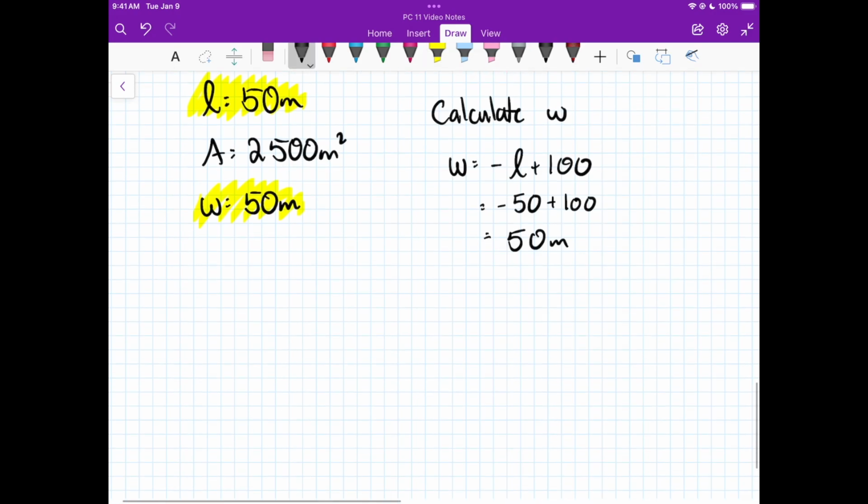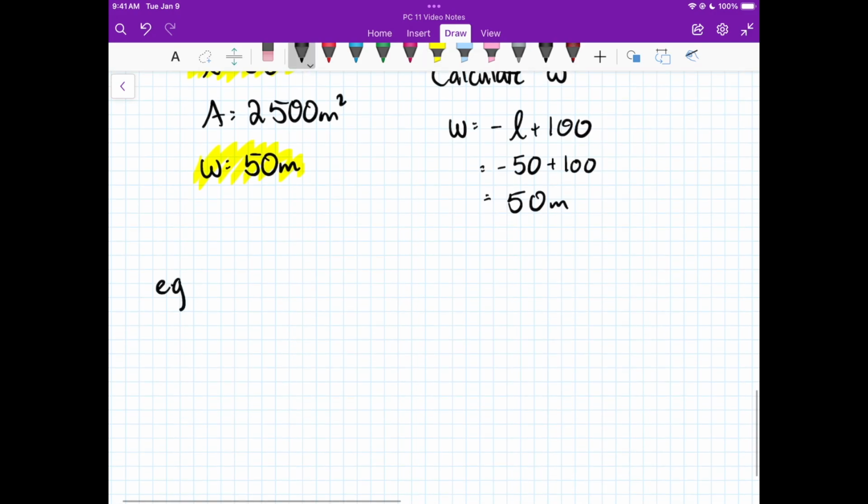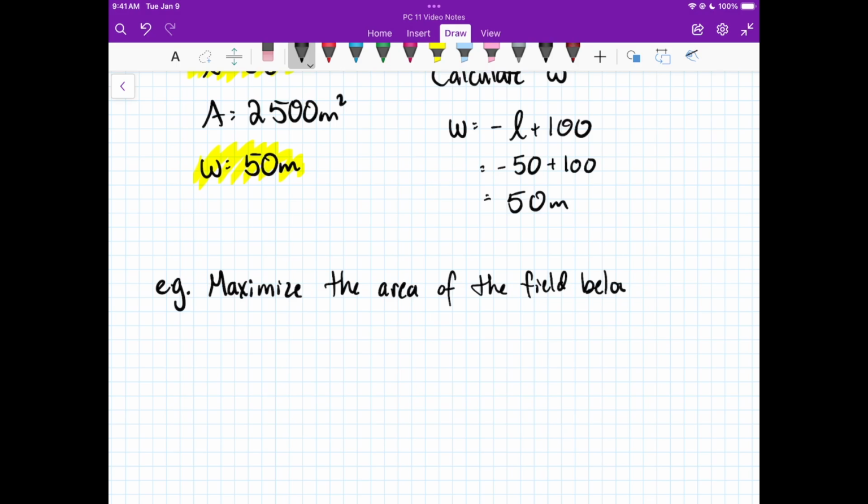So trying out a second example, something similar but a little bit harder. So it's going to be a more complex field, and this time we're going to have 600 meters worth of fencing.